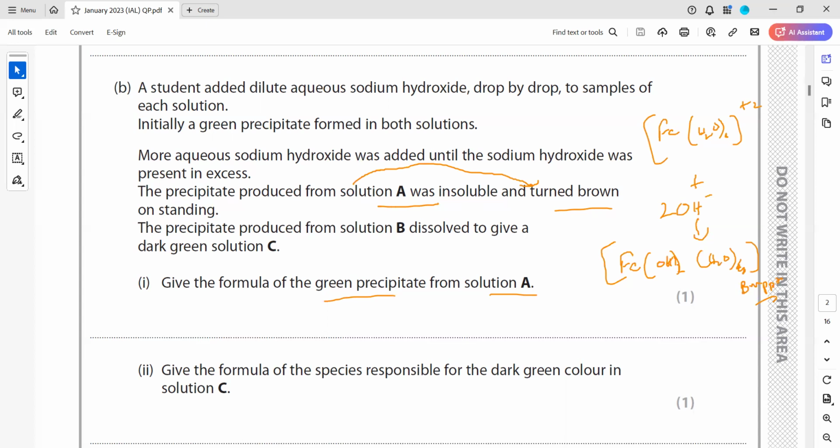So this will be Fe(OH)2(H2O)4, which is the formula of the precipitate. It is acceptable if you write Fe(OH)2, iron hydroxide, because that is correct as well. But the actual one is this, as it formed as a complex.